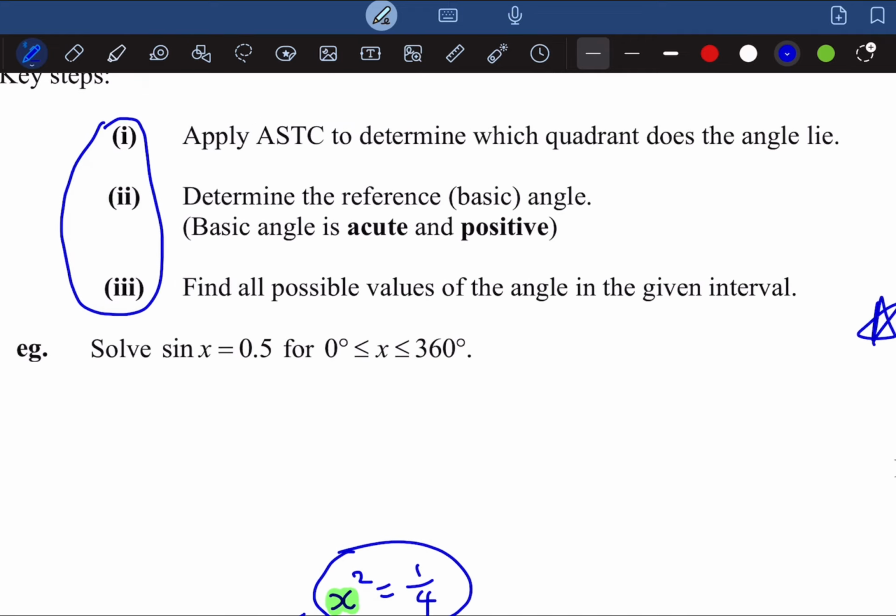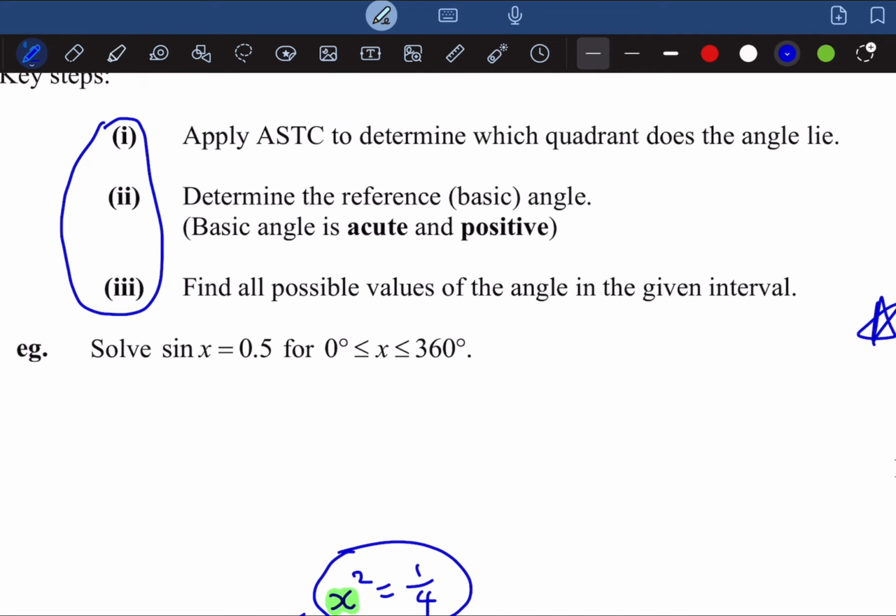So our basic angle is alpha. Take note, it is alpha, it's not x. In Trigo equations, students always confuse the x with the alpha. They are two different things. We are solving for x, we are not solving for alpha. So alpha is tangent inverse 2. I won't key in the calculator, I'll just leave it in this manner.